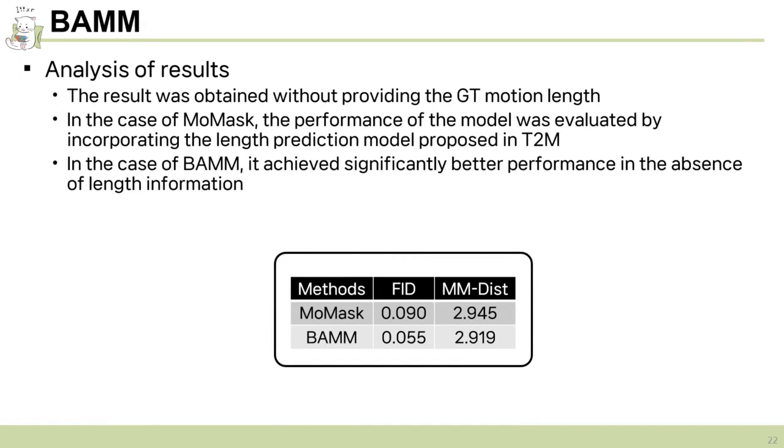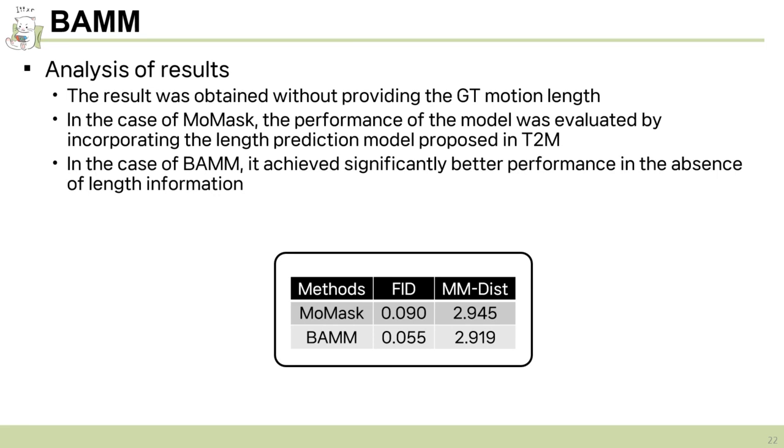The results clearly highlight BAMM's effectiveness compared to BMask. Two key metrics are highlighted here. FID measures the quality of the generated motion by comparing statistical similarity between the generated motion and real motion distributions. Lower FID scores indicate higher quality and realism.